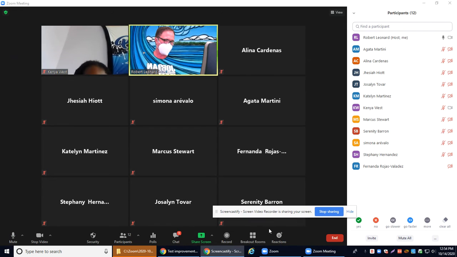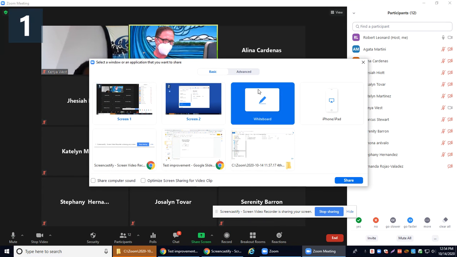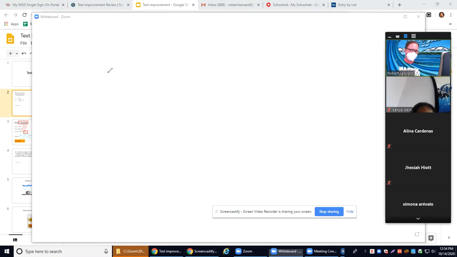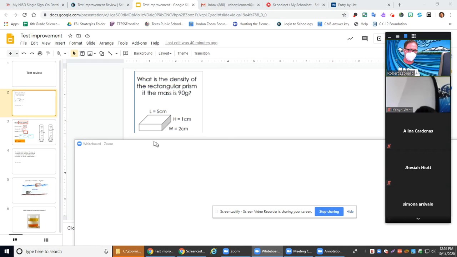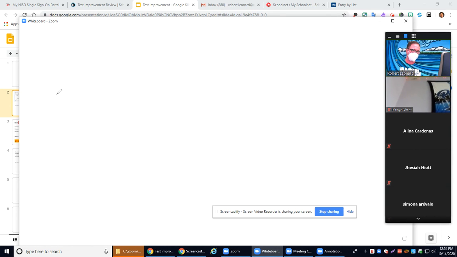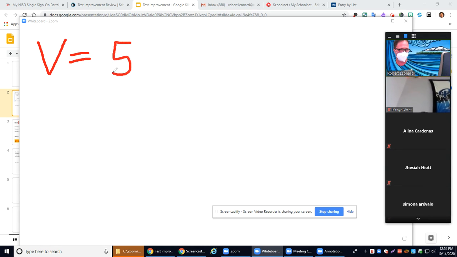First thing we need to do is calculate the volume of the cube. So volume is equal to length times width times height, or in this case 5 centimeters times 1 centimeter times 2 centimeters. 5 times 1 is 5, times 2 is 10 centimeters.